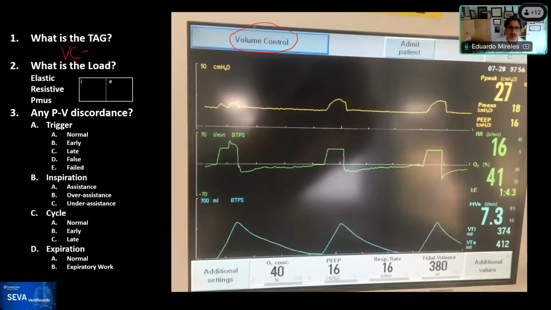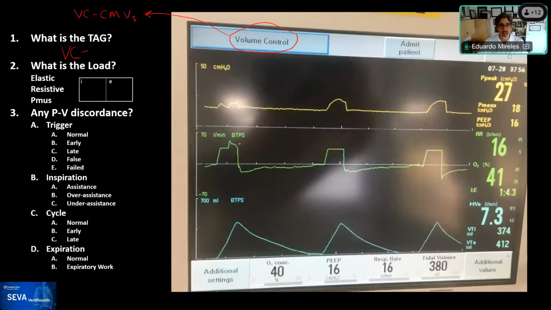So normally a volume control, as we understand it, when I say volume control, or when you read volume control in the literature, normally what we are talking about is the following tag, which is VC-CMV. If you would ask the majority of practitioners, when we talk about volume control, we talk about controlling the flow.